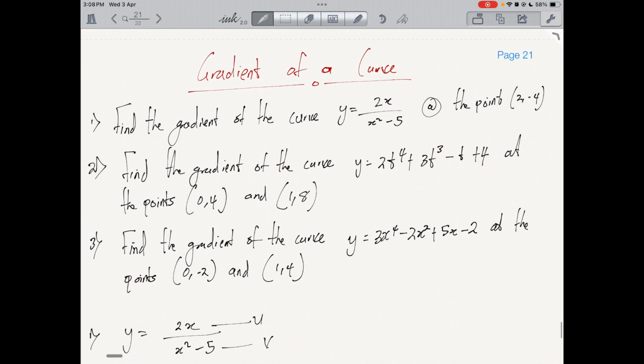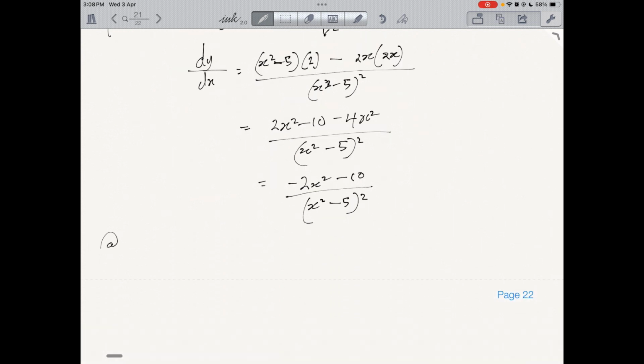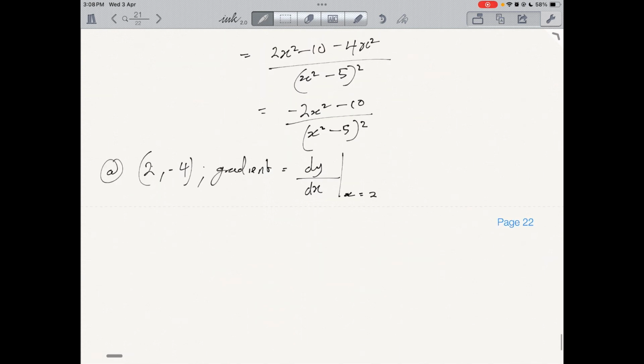Now we are asked to find the gradient of the curve at the point 2, minus 4. So at 2, minus 4, that means we are looking for the gradient. The gradient of the curve is dy/dx at x equals 2. So wherever we see x, we will substitute 2.